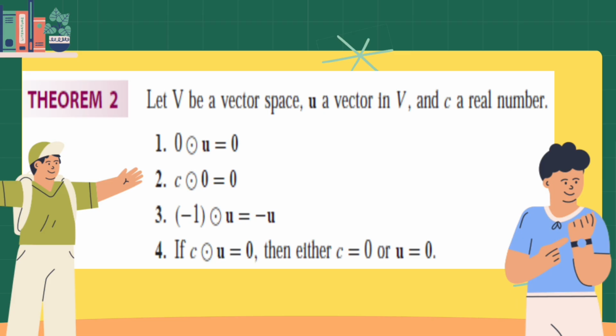So this prevents contradictions and ensures the structure behaves logically. Together, these properties reinforce the reliability of vector spaces, and make sure scalar multiplication interacts with vectors in a predictable way.